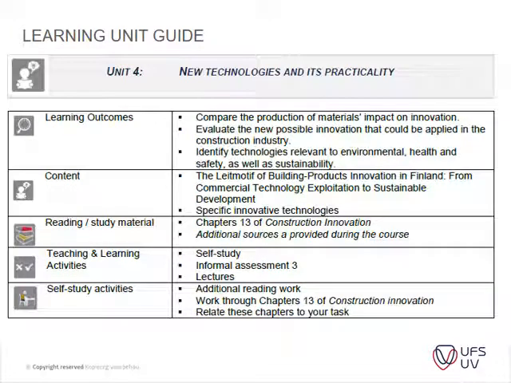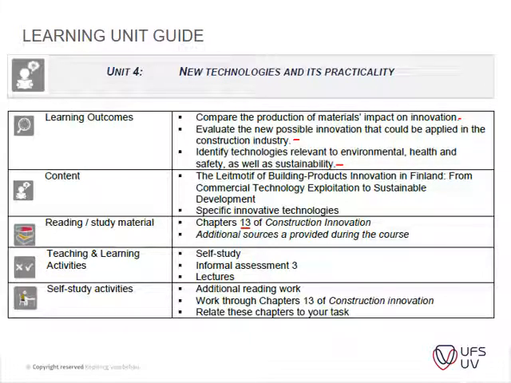And then finally, in Unit 4, we're going to compare production materials and the impact thereof, evaluate the new possible innovations that could be applied in the construction industry, and identify technologies relevant to the environment, health, safety, and in general sustainability. And this is mostly in chapter 13 of the Construction Innovation book.